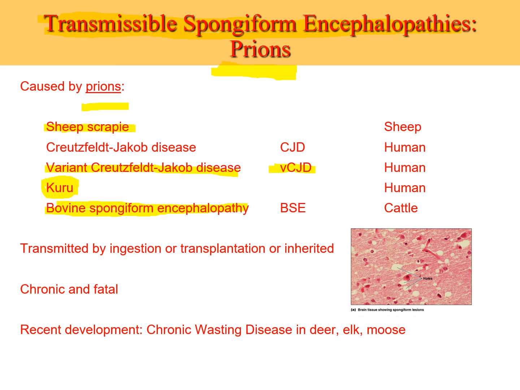There is a disease in humans which takes a long time to form, Creutzfeldt-Jakob disease. Variant Creutzfeldt-Jakob disease in humans can occur quite quickly. What you should understand is that it is transmitted by ingestion, transplantation, or inheritance from one generation to the next, but ingestion is a typical kind of transmission.